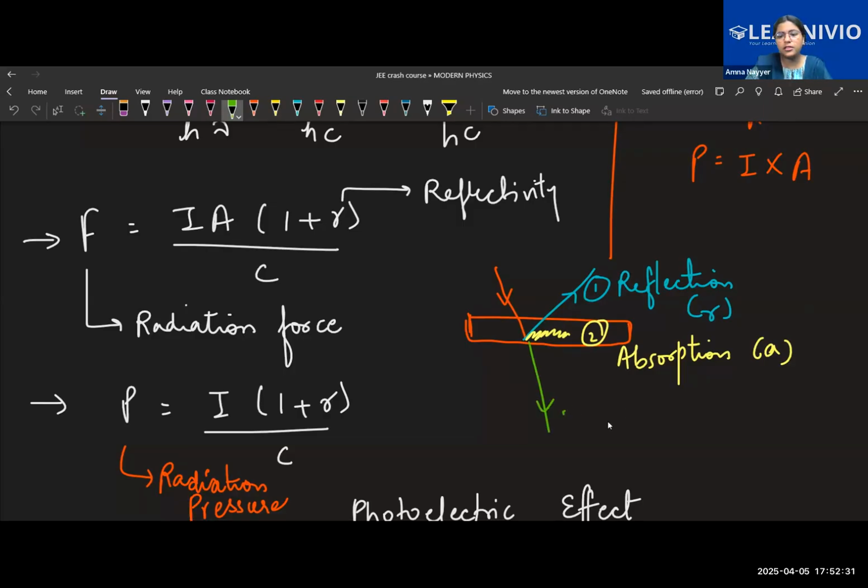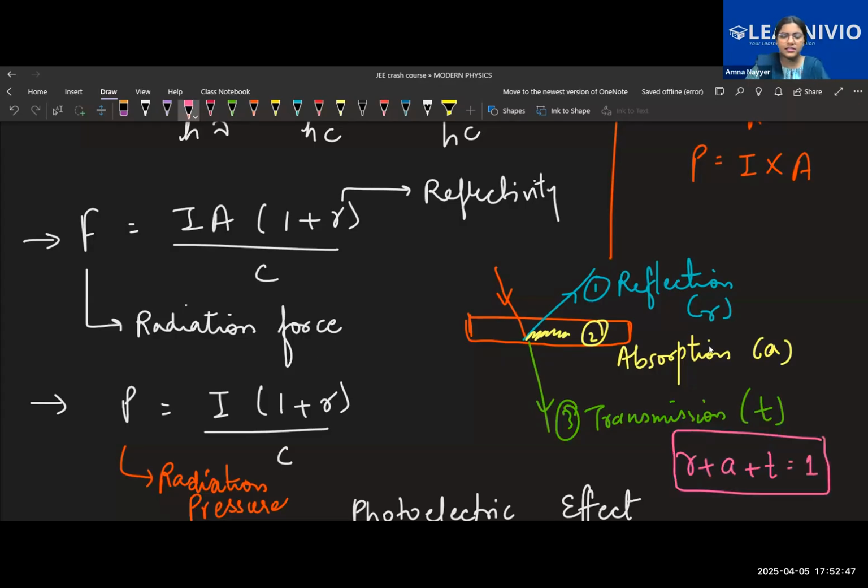So the third process is transmission, which is represented by T. This R plus A plus T is equal to 1. So see, these things we'll discuss in thermal physics. This is not very important right now, but just an overview if you are able to recall.